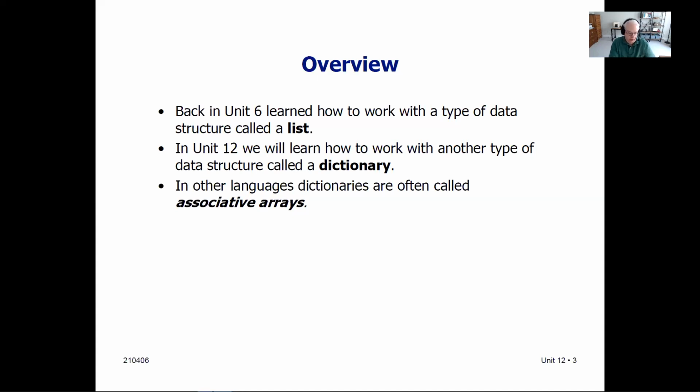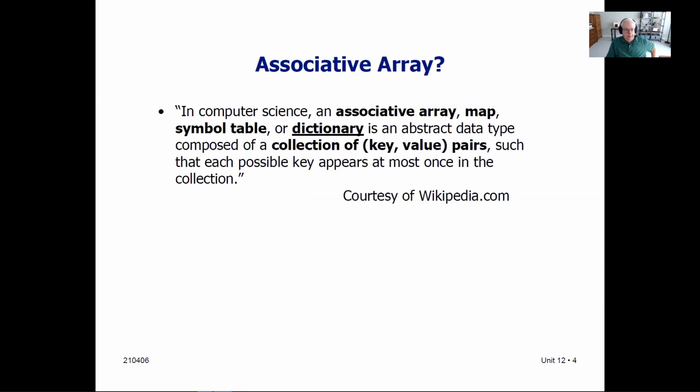When I teach the PHP class, we talk about arrays and associative arrays. Now, in computer science, an associative array, a map, a symbol table, or a dictionary, all of these are data types that are composed of a collection of key value pairs.